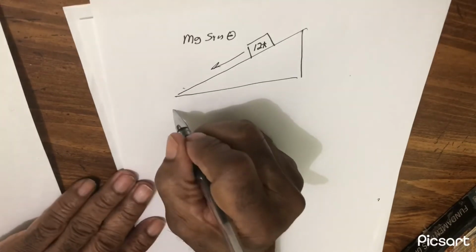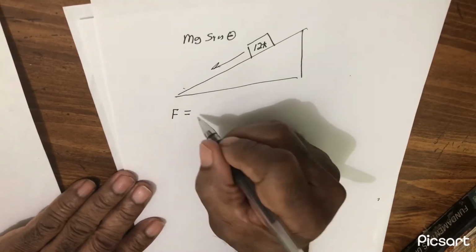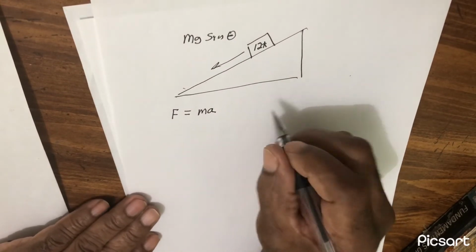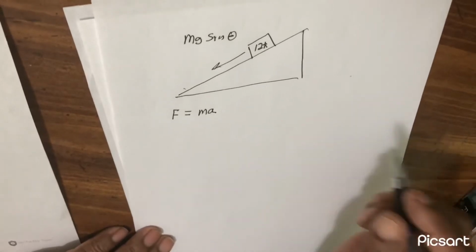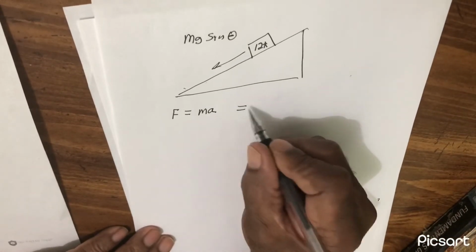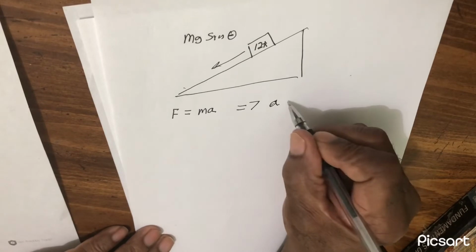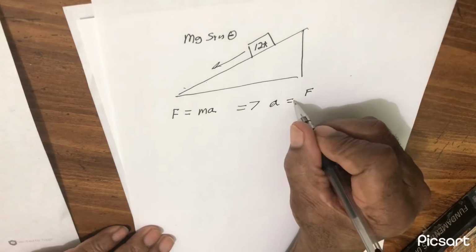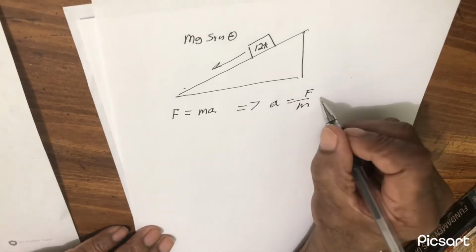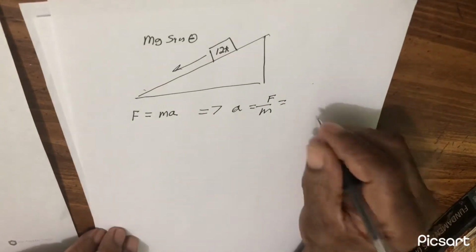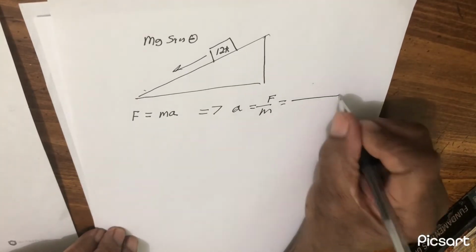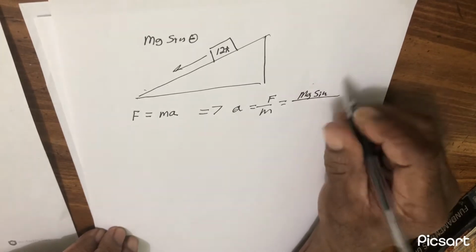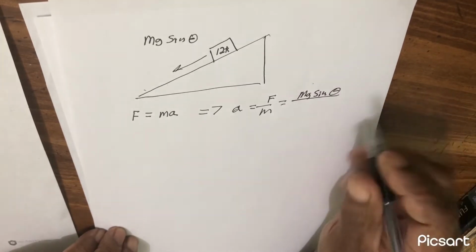So force is equal to mass times acceleration. So acceleration is equal to the force divided by the mass, which is going to equal mg sine theta over m.